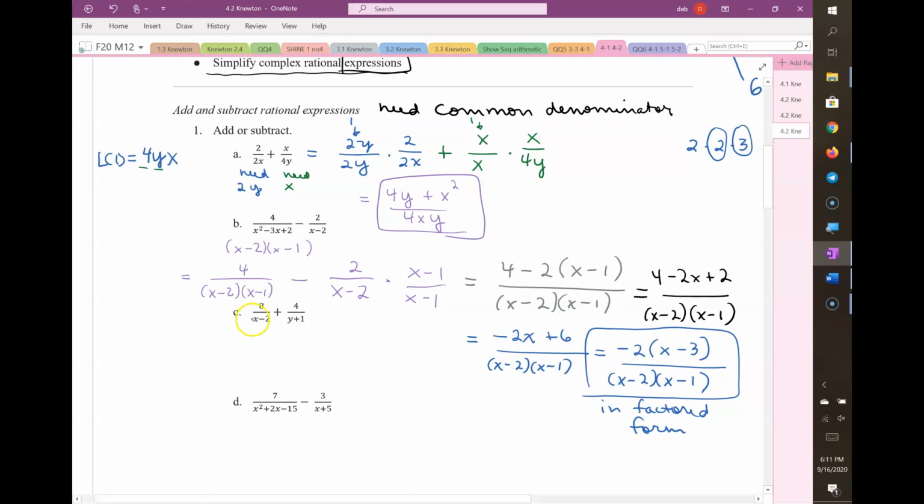Okay, now the next example, the denominators have nothing in common. So I just have to multiply the first fraction by the y plus 1 over the y plus 1 to get the common denominator. And the second one by x minus 2 over x minus 2.